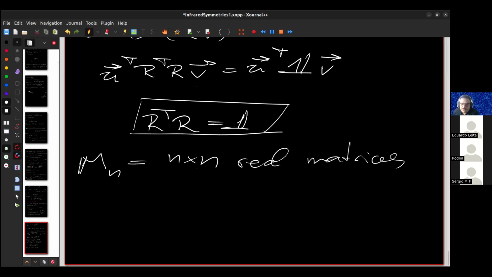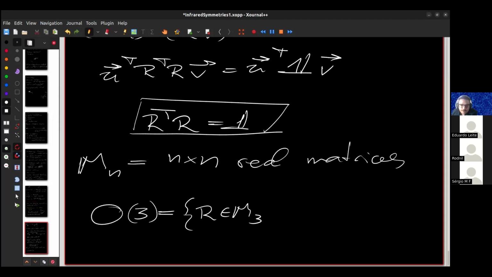This is my notation for the space of n by n real matrices. And I'm going to define the collection of all rotations as being this object, which I call O of 3. 3 just denotes that I'm actually dealing with the problem in 3 dimensions. And this is going to be all matrices.